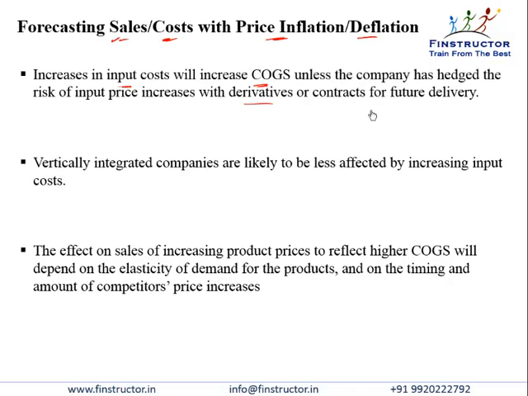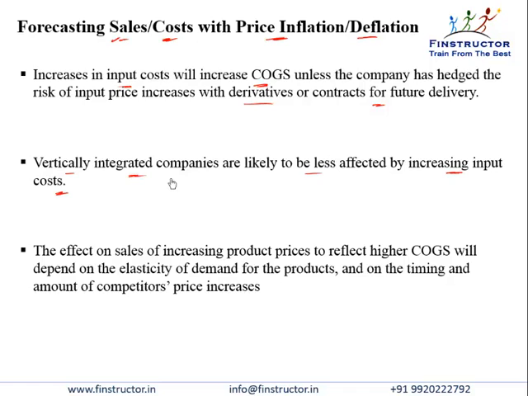Even that will normally be a short-term contract. So normally when inflation happens, the input costs go up. There is nothing anybody can do about it. Only hope is that the price of the end product will also grow in line with the inflation such that your margins are protected.